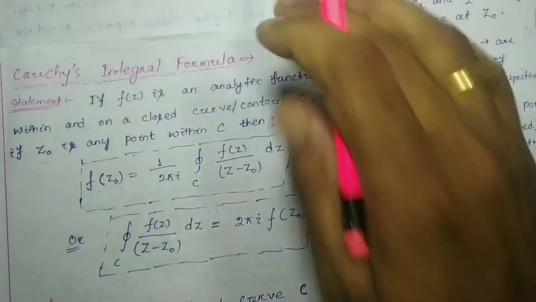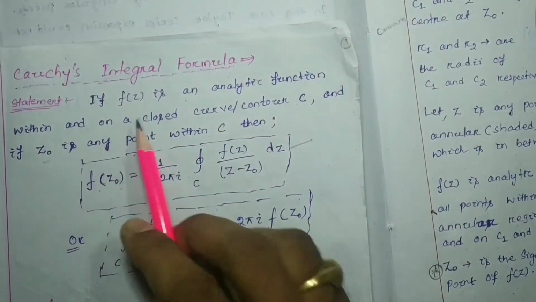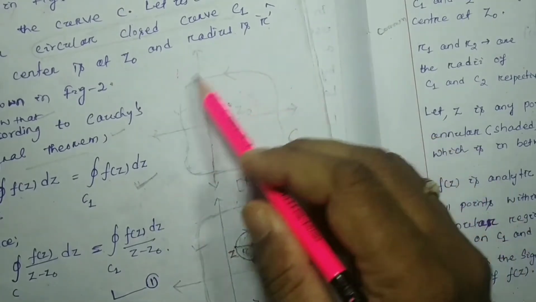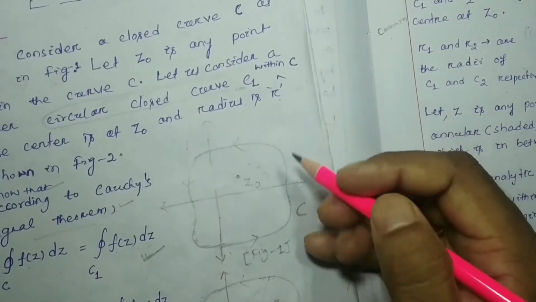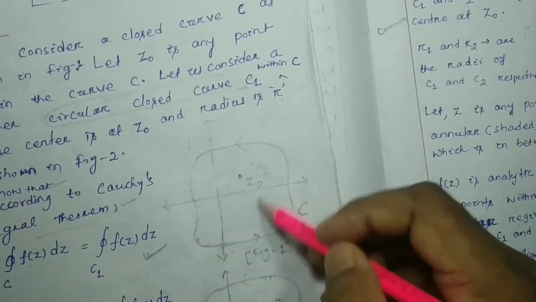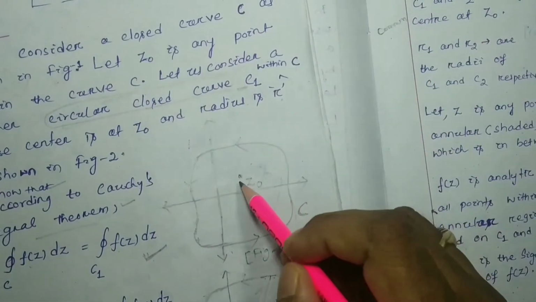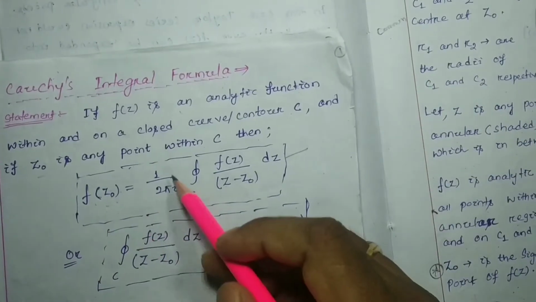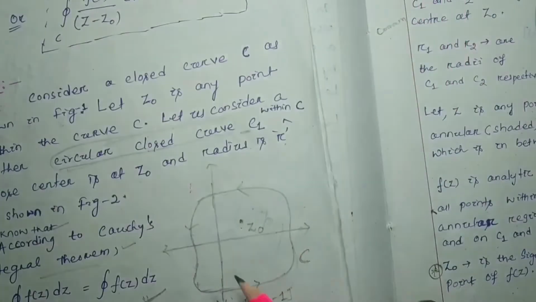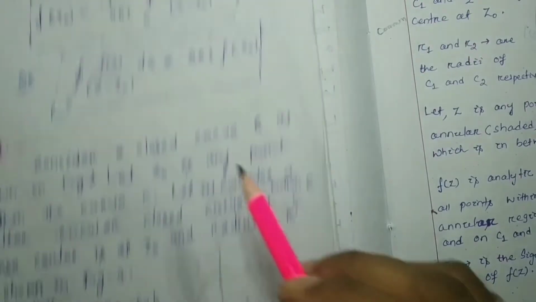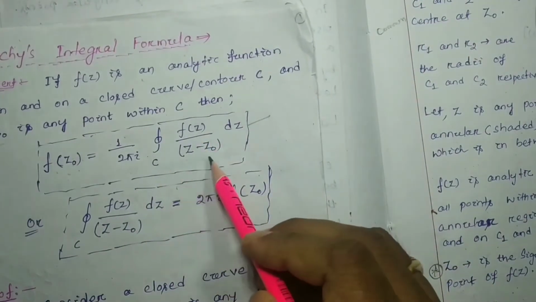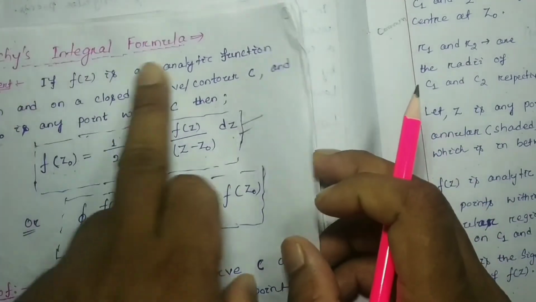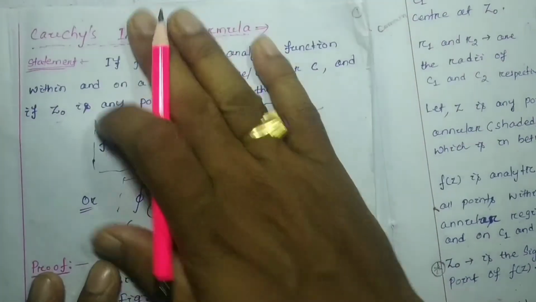If f(z) is an analytic function within or on a closed curve C, and z0 is any point inside this region, and we are trying to find f(z0), then the value will be 1 by 2 pi i, the closed integration C, f(z) by z minus z0 into dz. That we proved in detail in your Cauchy's integral formula section. You can check your note.